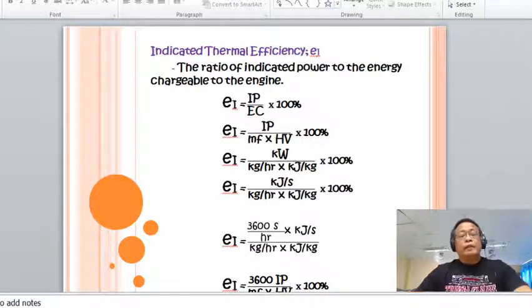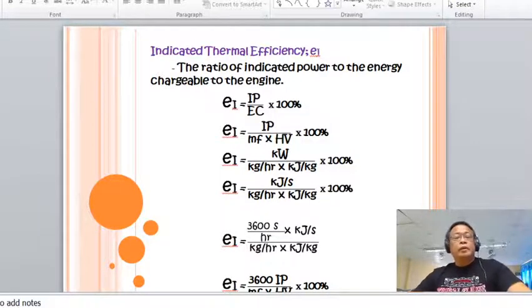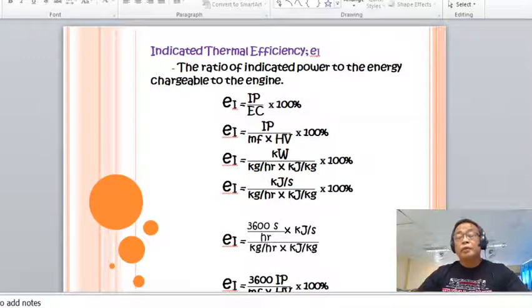Now, substituting the values, the energy chargeable is equal to the mass flow rate of the fuel multiplied by the heating value. Multiplying this by 100%, the answer for this efficiency is in percent.